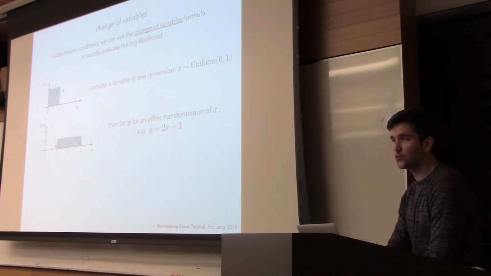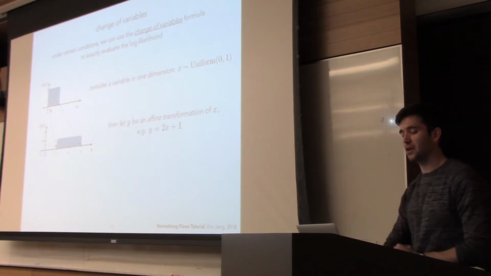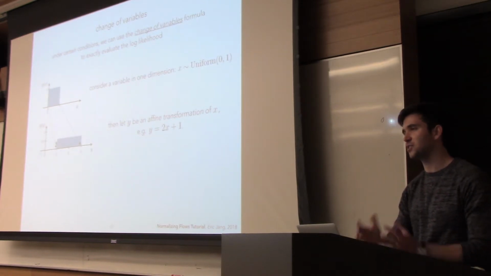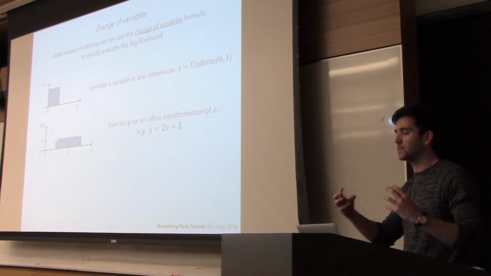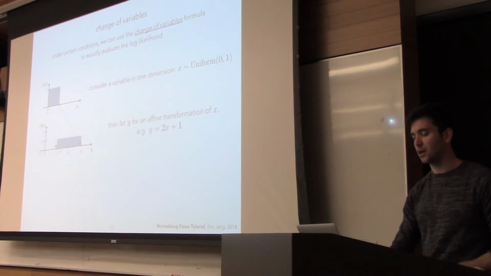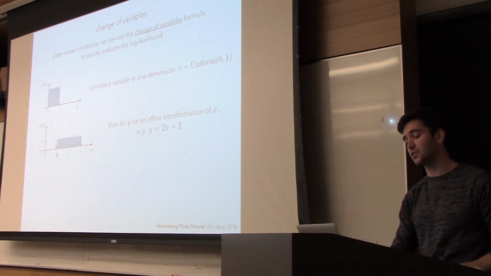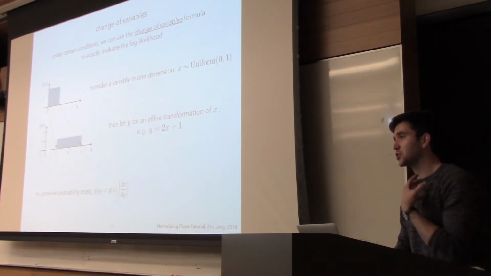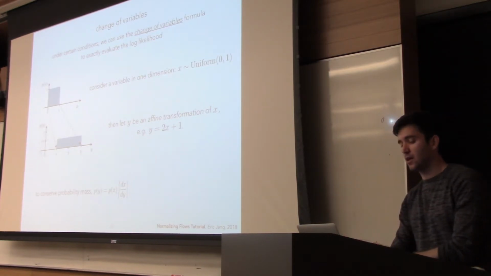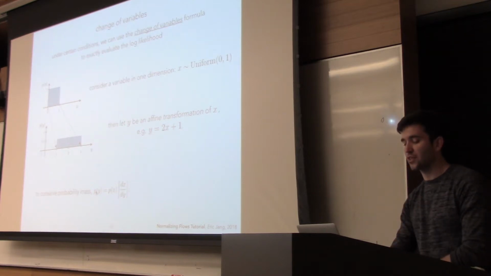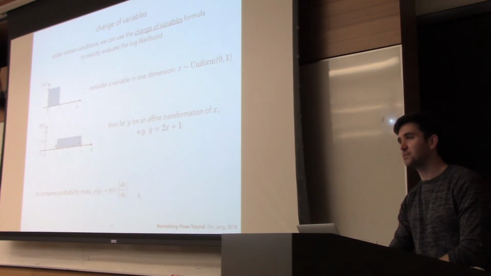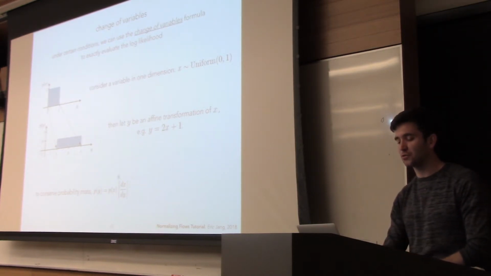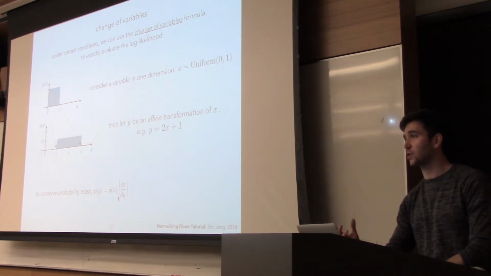You can think of a uniform distribution: it has to integrate to 1. So what this ends up being is that we stretch out this distribution into a uniform distribution between 1 and 3. To conserve probability mass, you can derive that the probability of y in this transformed variable has to be the probability of x times the absolute value of the derivative of this transformation.